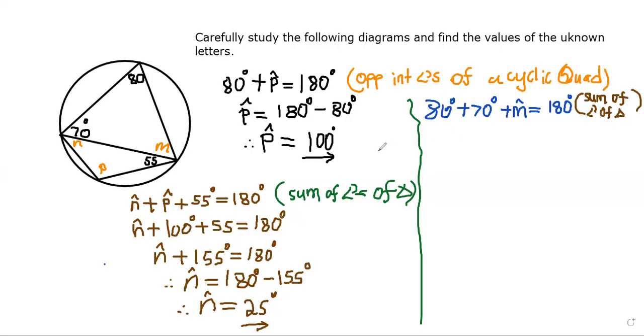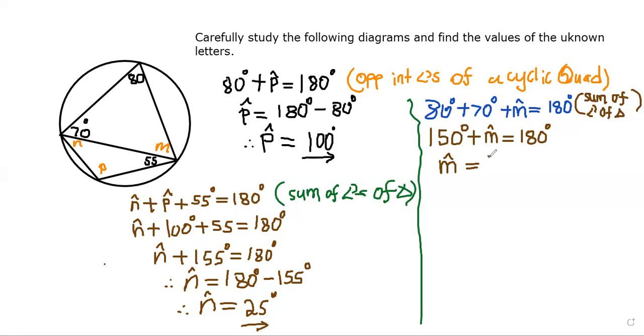Then after that, you add 80 plus 70, that should be 150. So you're gonna write 150 degrees plus angle M is equals to 180 degrees.